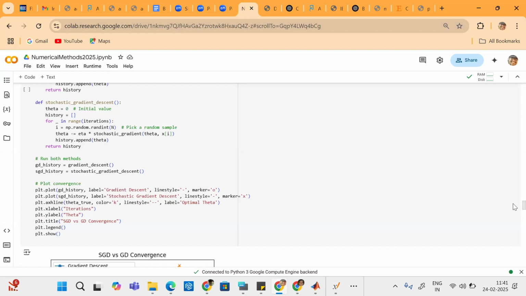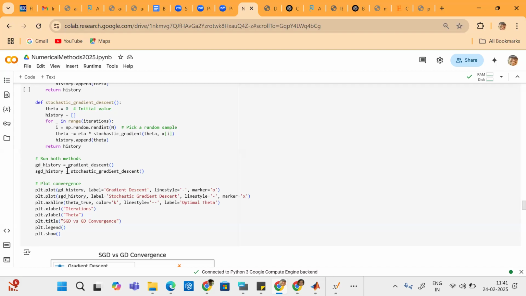So basically we are trying to compare. There are two things. One is gradient descent on the first function I showed. This is the function for stochastic gradient descent. You can see eta and the stochastic gradient, so the x you take is random. We store all of this in GD history and SGD history, like a list, and we want to plot it to see which is faster.